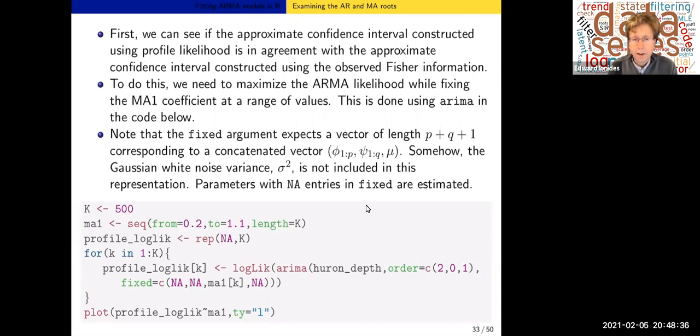And you can't fix sigma squared, you have to estimate that. We want to maximize over the ARs and the mu, so those go as NA in fixed. That turns out to be how you calculate the profile likelihood. So let's go ahead and see what you get.